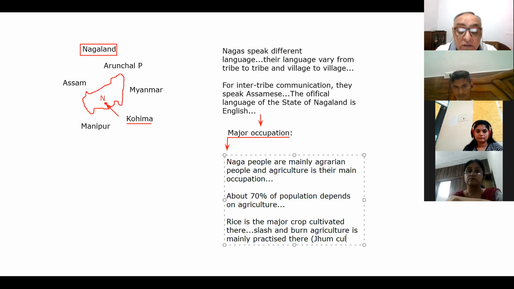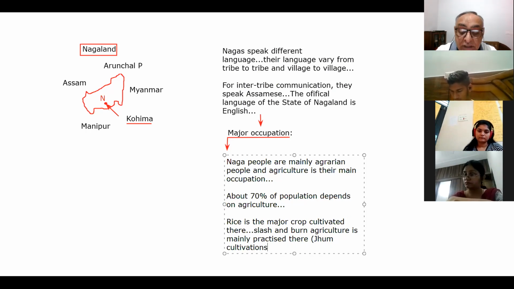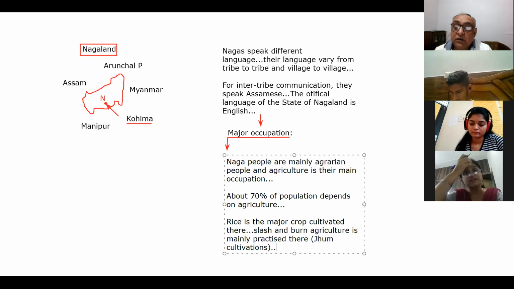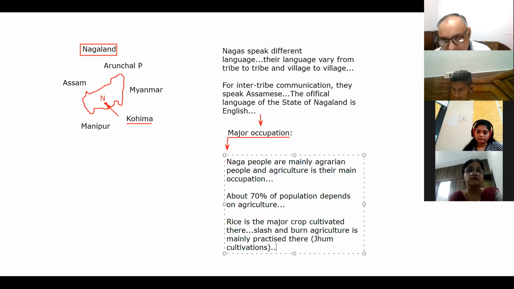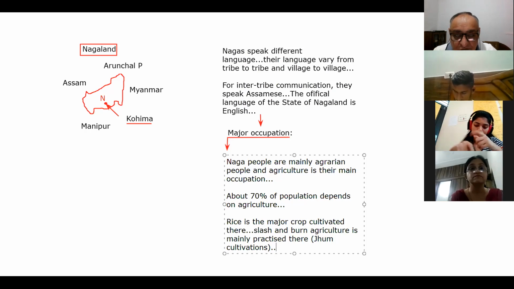We have discussed this many times in our lectures. There are different names in different countries, for example in Malaysia it has a different name. We will cover that in geography. Next thing, is it clear up to this point?